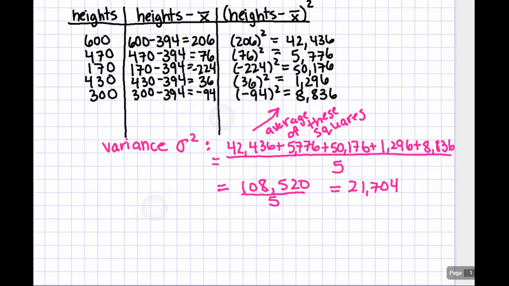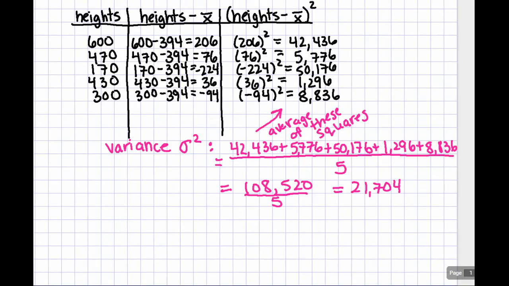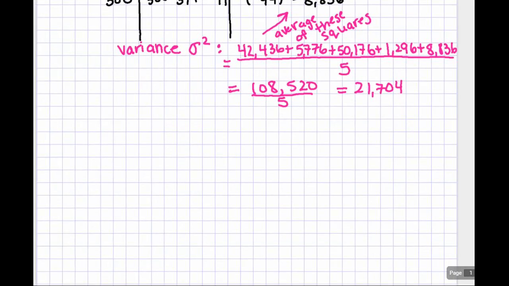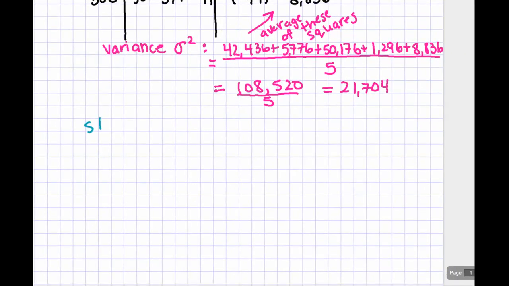You are not going to be asked to do this by hand right now, but I want us to understand what the number means. This is going to be standard deviation, and standard deviation is sigma.